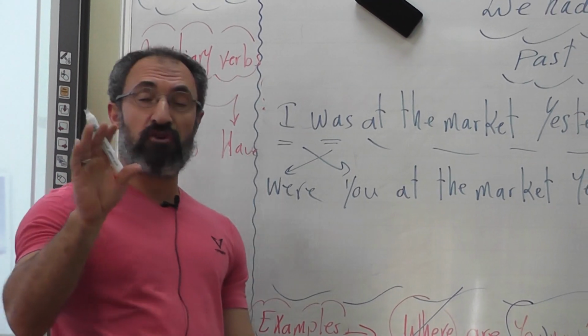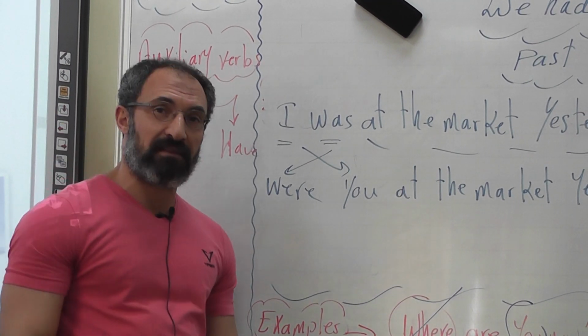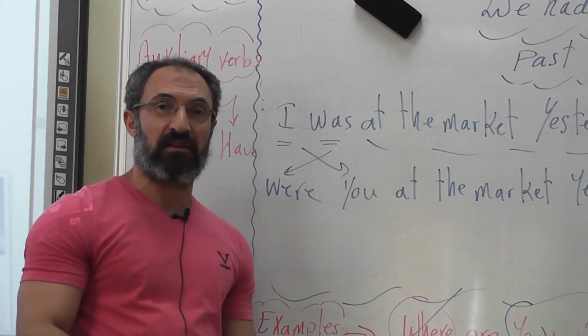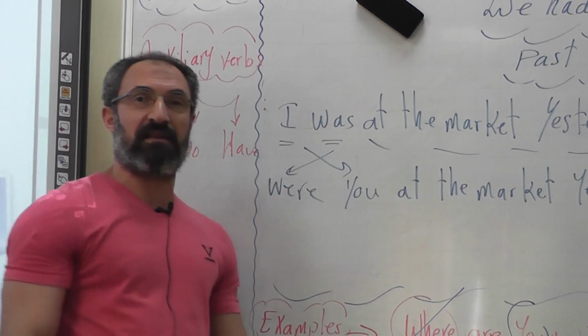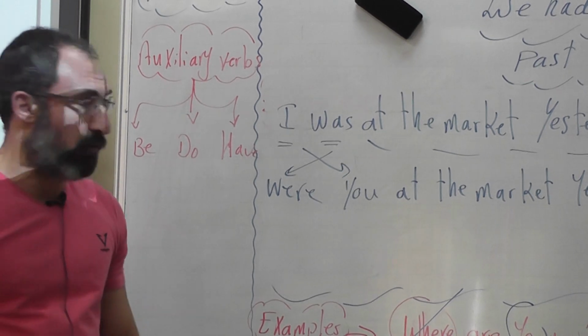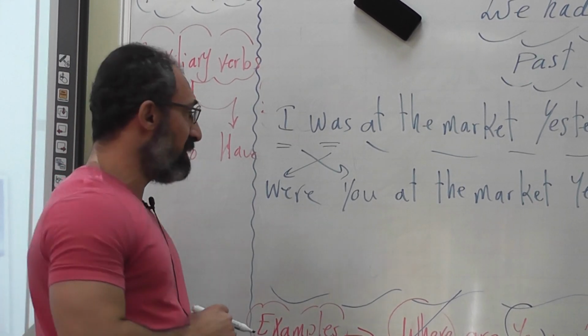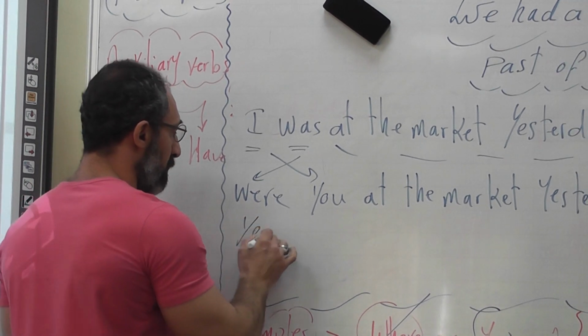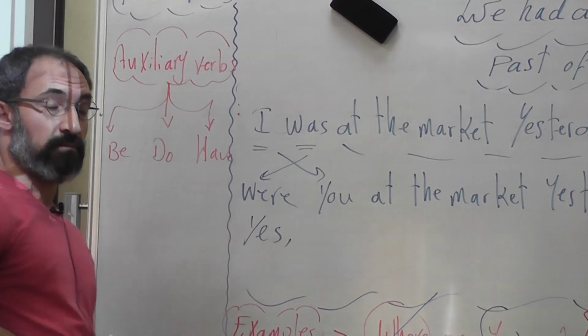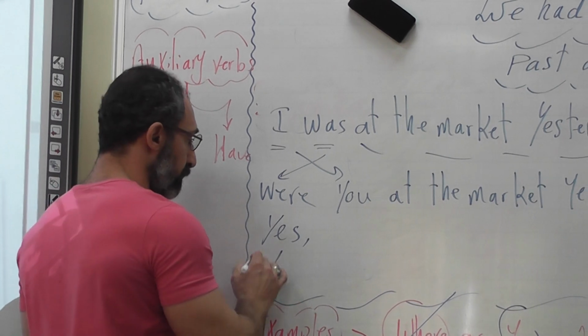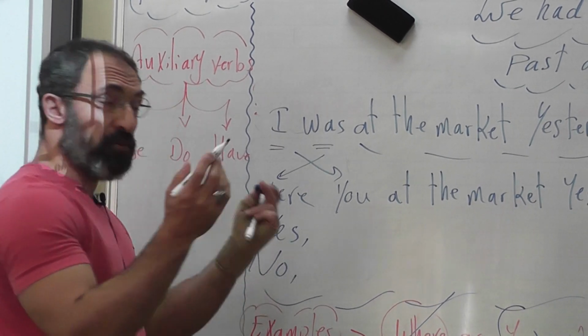When I have a yes-no question, be reminded that we have two main answers. One of two main answers. We don't have a third answer, by the way. Either yes or no. So, the first answer is yes. The second one is, of course, no. Okay, let's complete our answer.